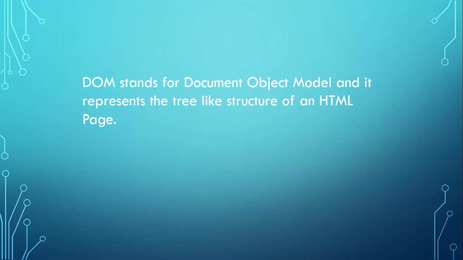Let's get started. So the DOM, as it says here, stands for Document Object Model, and it basically represents a tree-like structure of an HTML page. So every page that you go to on the web is created using HTML.